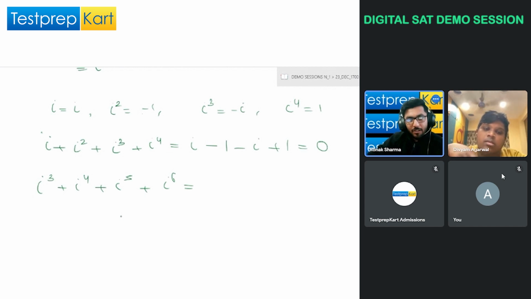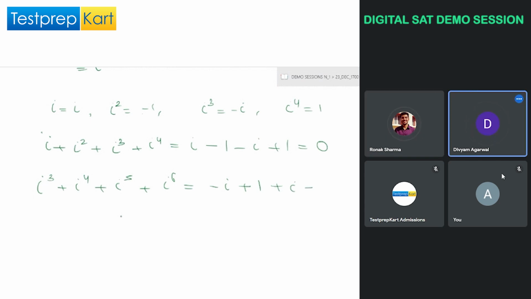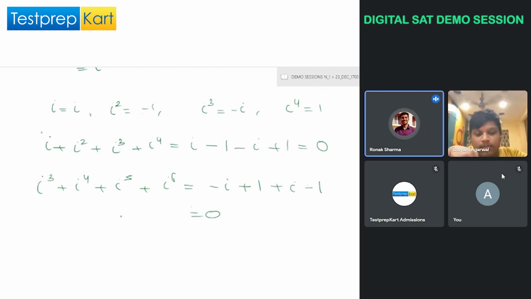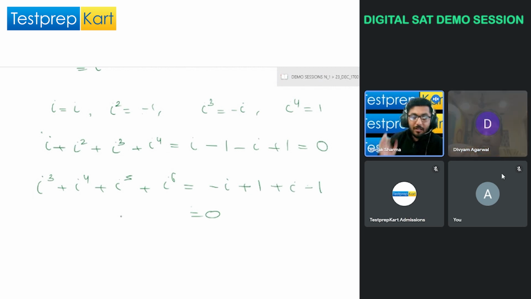Iota cube is minus iota, iota power 4 is 1, iota power 5 will be iota again, as the cycle repeats, and iota power 6 is iota power 4 into iota square, so iota power 4 is gone and iota square is minus 1. You can see that again the sum is 0. So for any consecutive 4 powers of iota, the sum is 0. This is the second property.